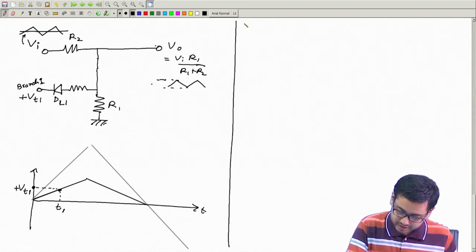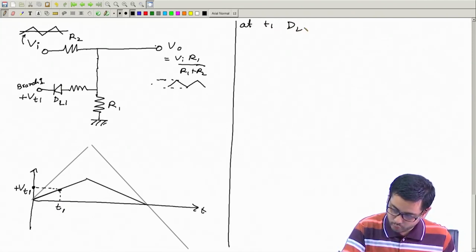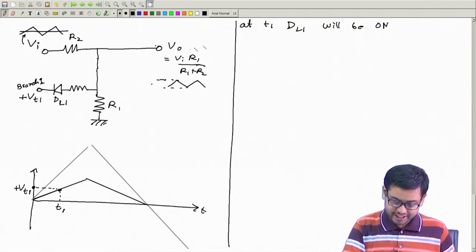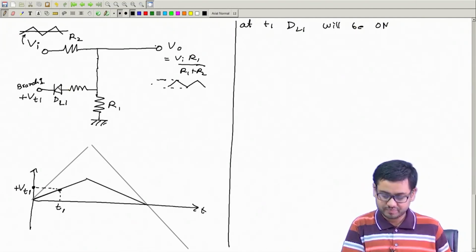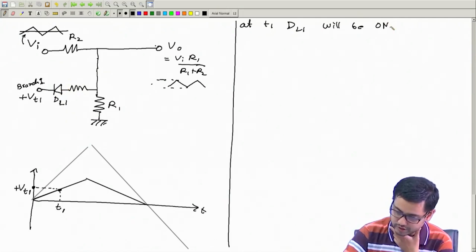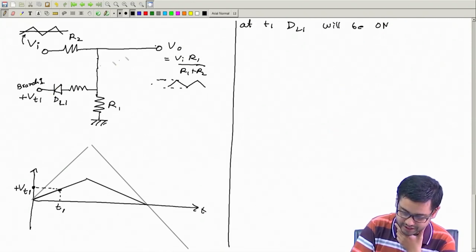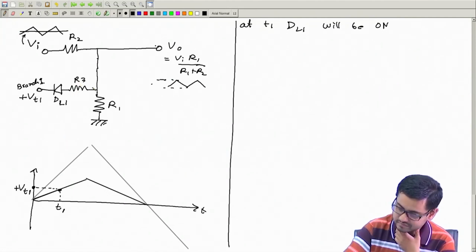So at T1, this diode, DL1, will be on, and therefore this branch is no longer ignorable. I have to take care of it. Okay, so to find this voltage, I have to consider this, and call this R3.